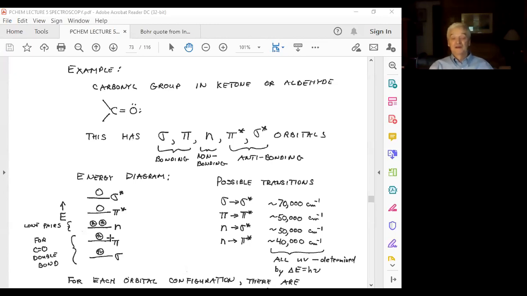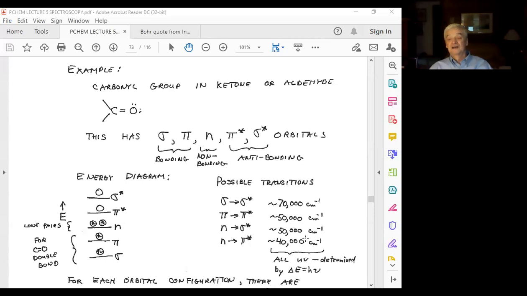If we want to do electronic spectroscopy on a ketone or aldehyde, then in principle, any one of these transitions can occur. We can go sigma to sigma star, pi to pi star, n to pi star, n to sigma star, and these are approximately where they would occur. Remember that vibrational spectra occur mostly between about 200 and 4,000 wave numbers.